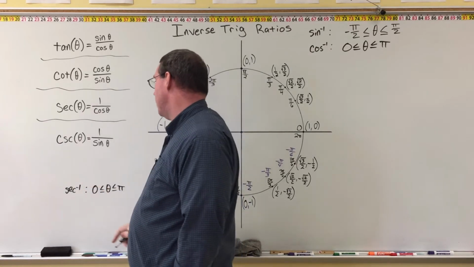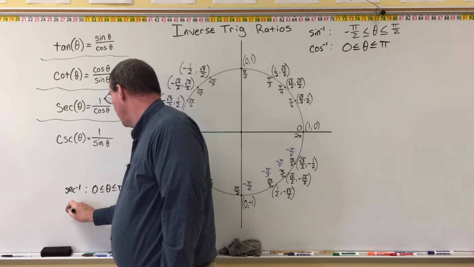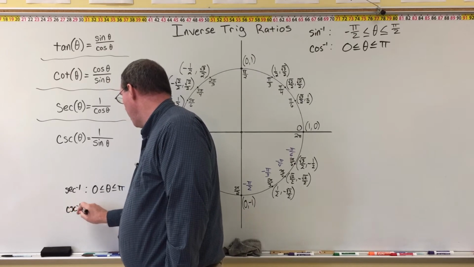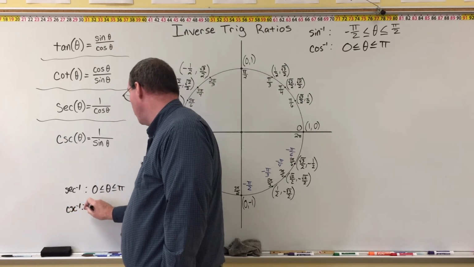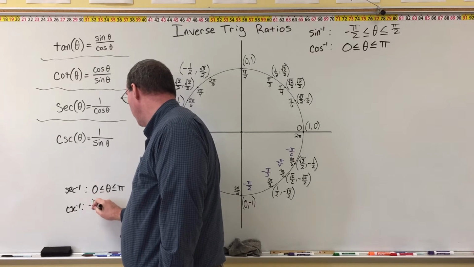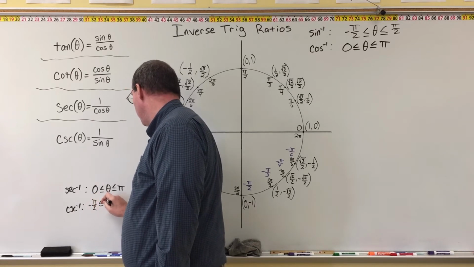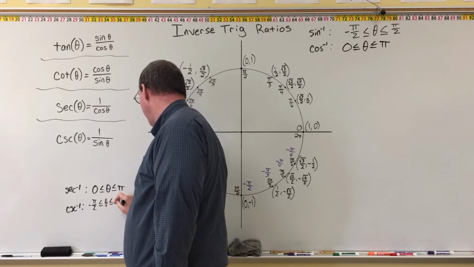Similarly, cosecant inverse has the same restrictions as sine, which is negative pi over 2 up to pi over 2.